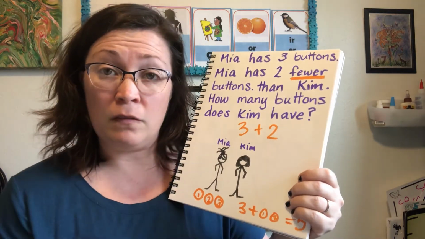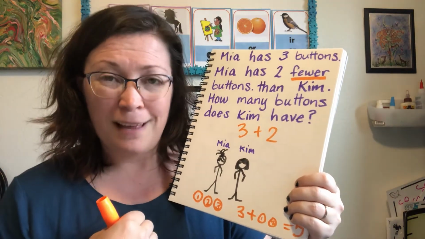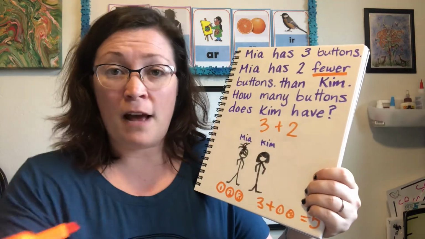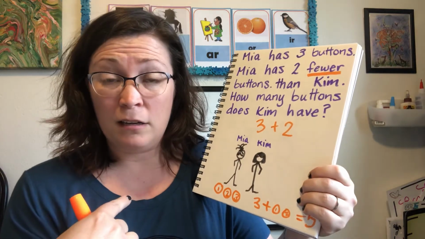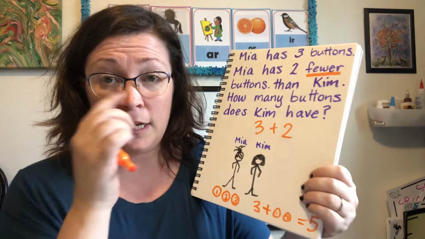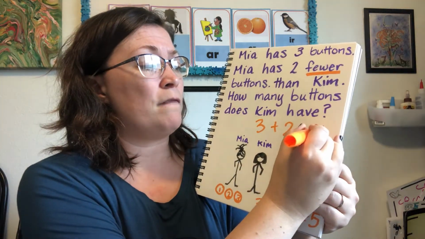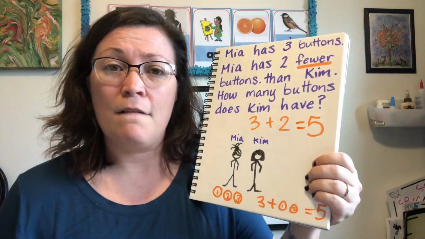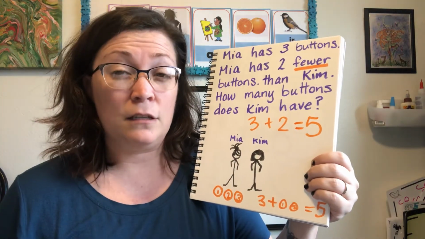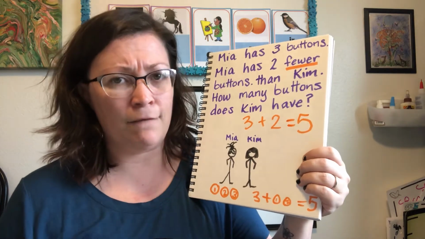And that's what less and more, fewer and greater, that's what they mean. If you have fewer, I have more. So if I have fewer, you have more. Kind of tricky. And of course, we used our fingers to find out that she has 5 buttons. So we're really pushing our math brain here to picture it in a different way.